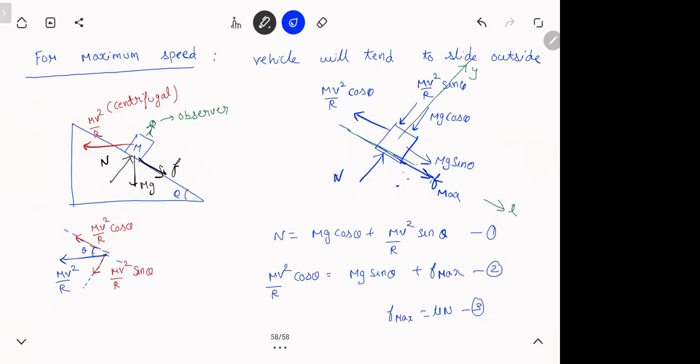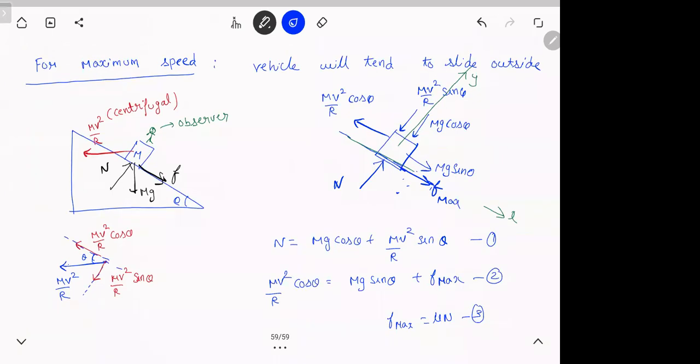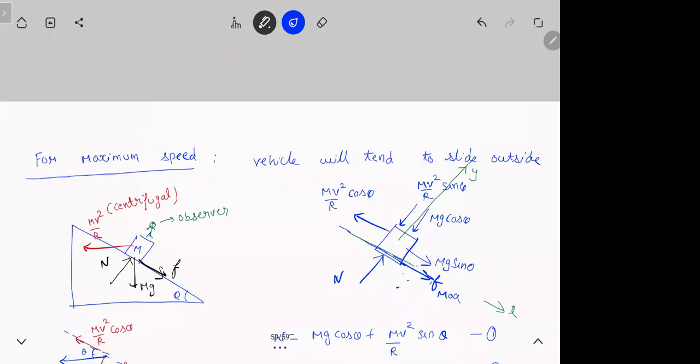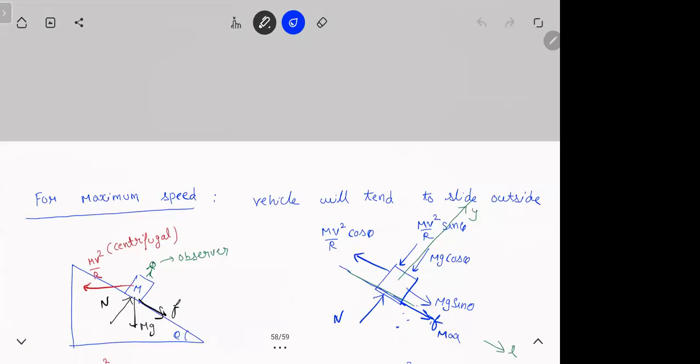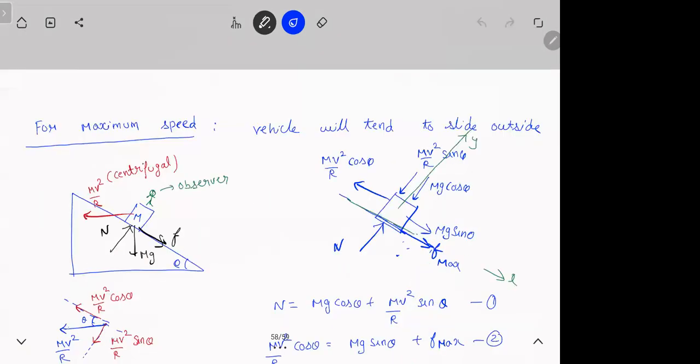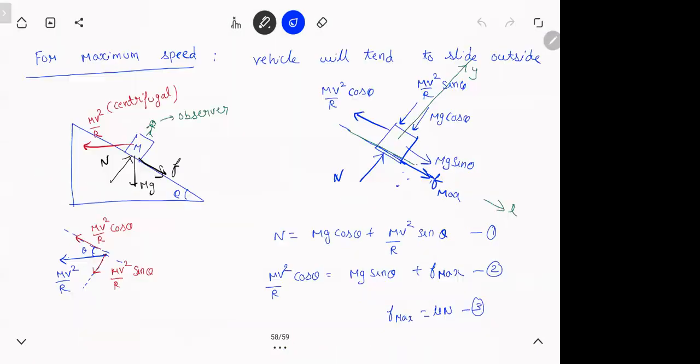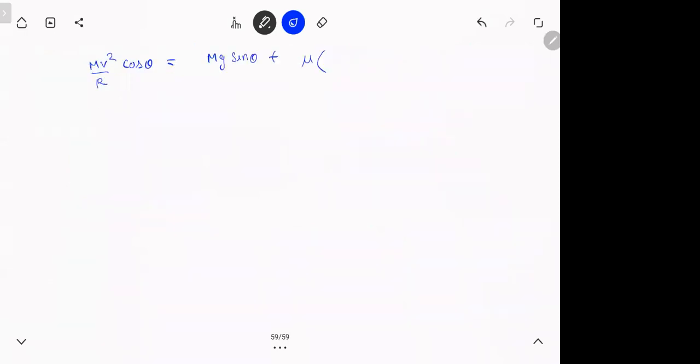Next thing, let me solve it. So substitute then in the equation, so this will be mv square by r cos theta. Bring all these to one side.